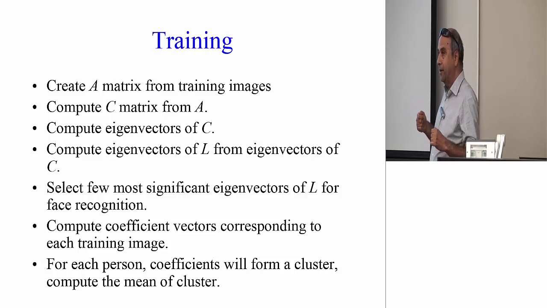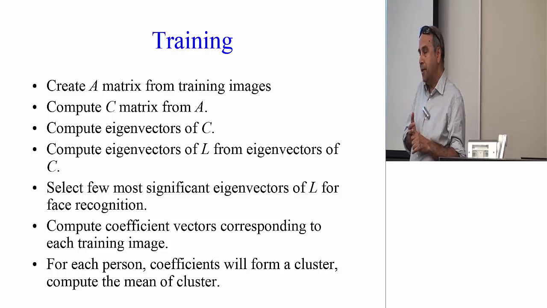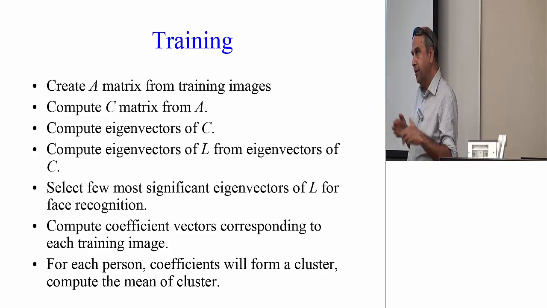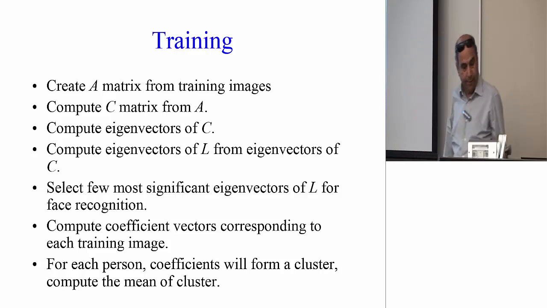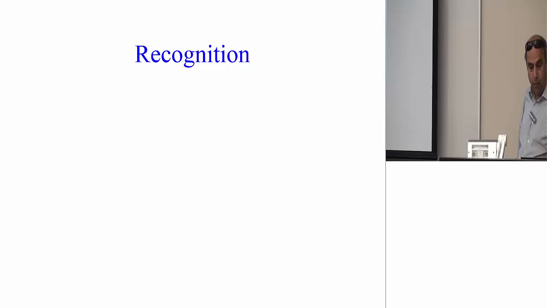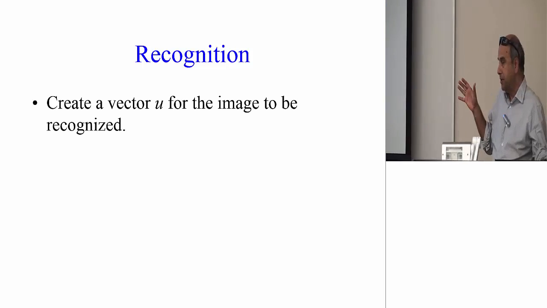So you want to select as many eigenvectors as needed so that the difference is maybe 5% or 10%. That's what people do. Okay, so now the recognition is pretty simple.